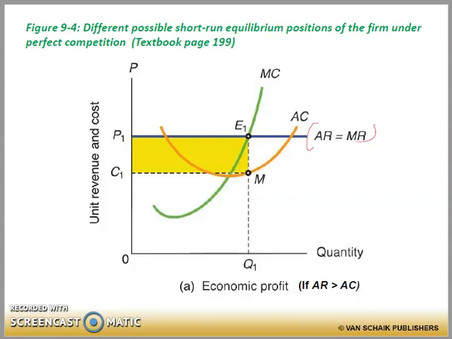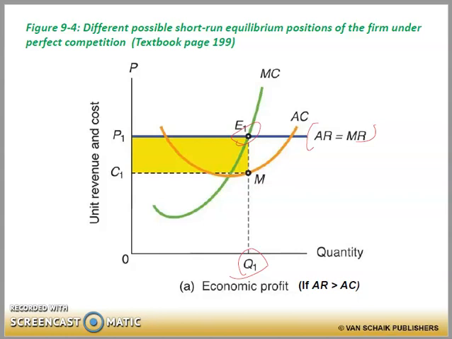The cost structure of the firm is the same as that we explained in chapter 8. As we know, profit is maximized where marginal revenue, which is equal to the price, is also equal to the marginal cost. This occurs at a quantity of Q1 here. So at this point, that's where profit is maximized.